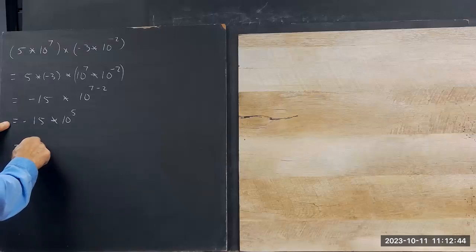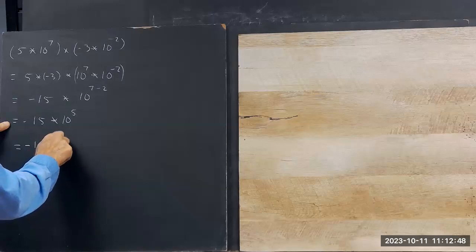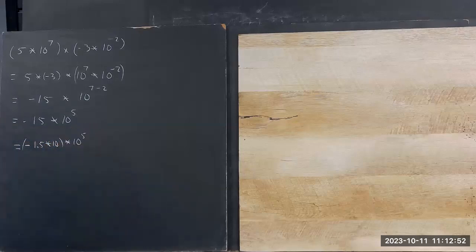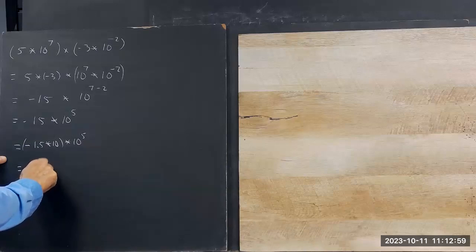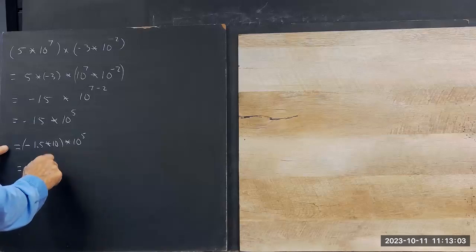So we write this as -1.5 times 10, and that times 10 to the 5th. And then 10 times 10 to the 5th.